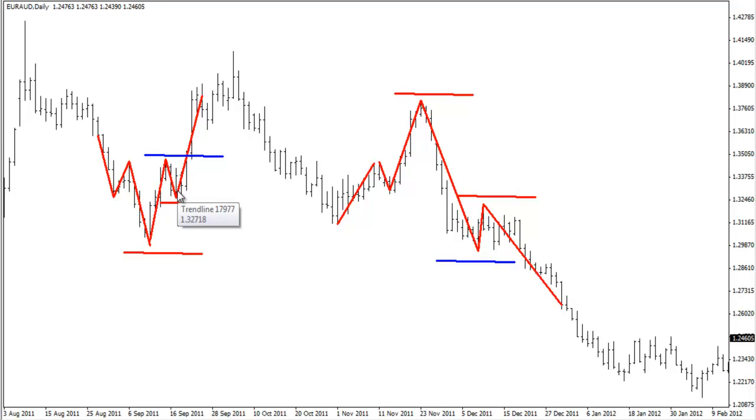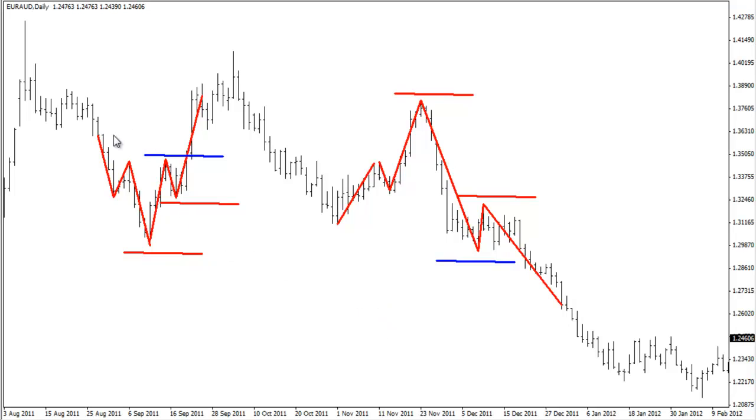Again, behind this shoulder here, it gives us that higher reward to risk. Behind the head gives us the higher probability. And you can choose which you want to use based on your own trading psychology.